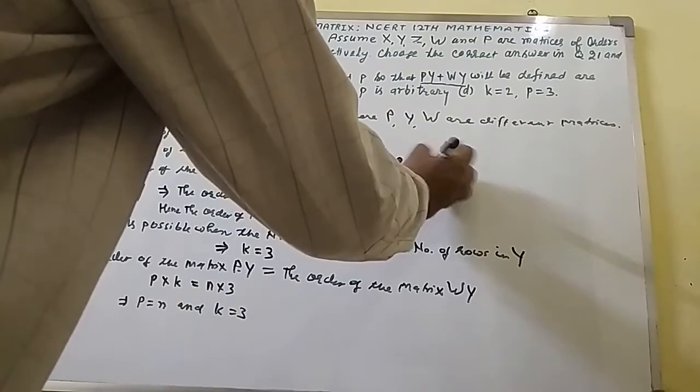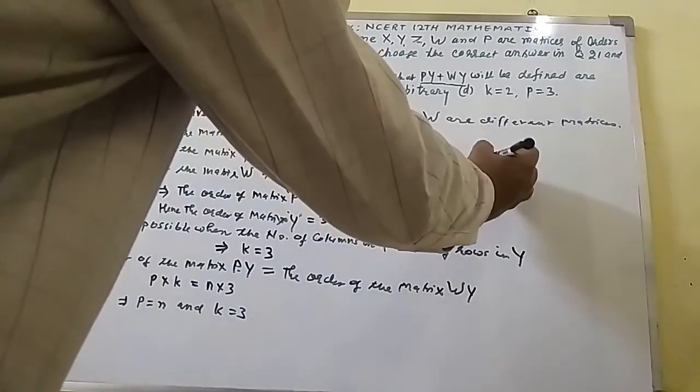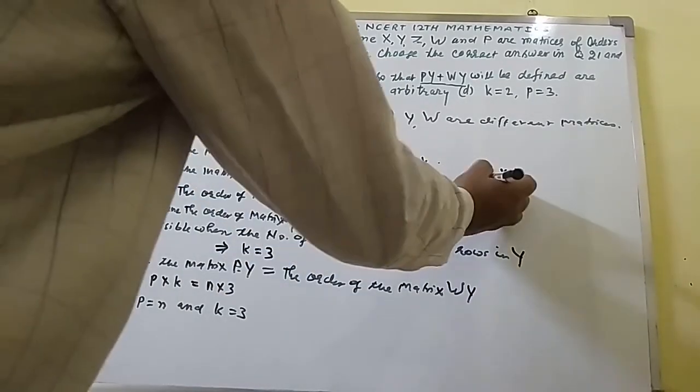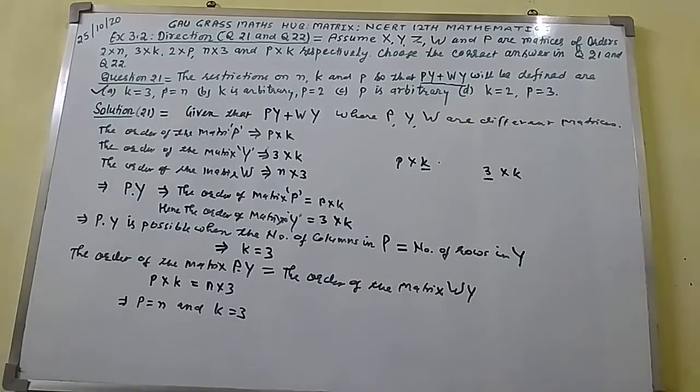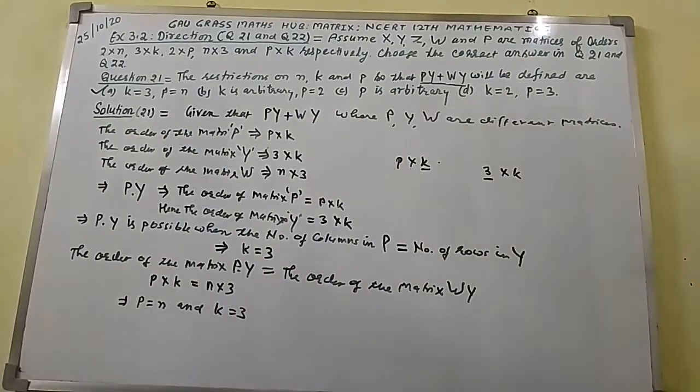Then the order of matrix Py will be P cross K. This is the order of matrix P. Here you have got the order of matrix Y, 3 cross K. This one will be equal. K equal to 3 it will become. Then multiplication will be possible here.